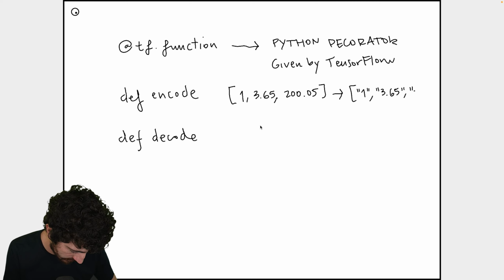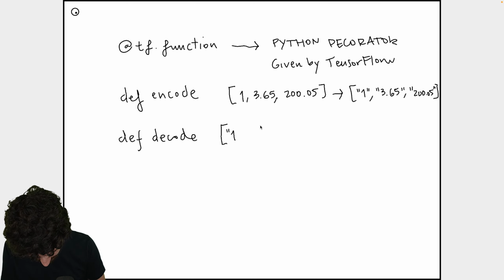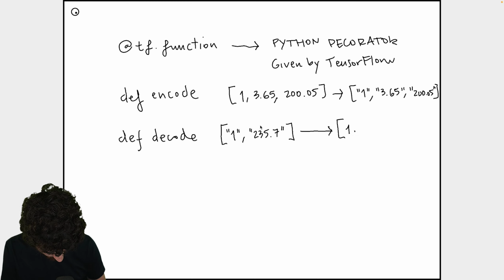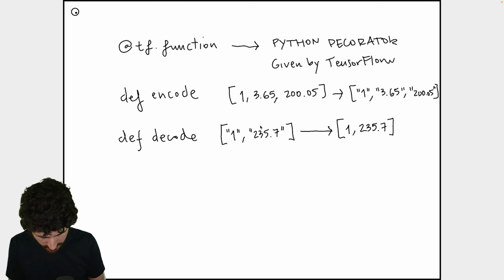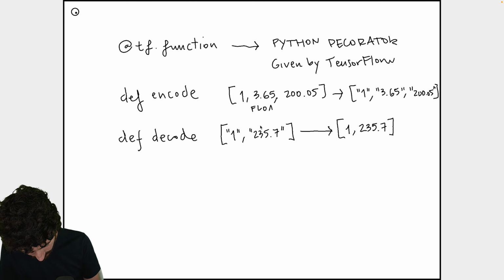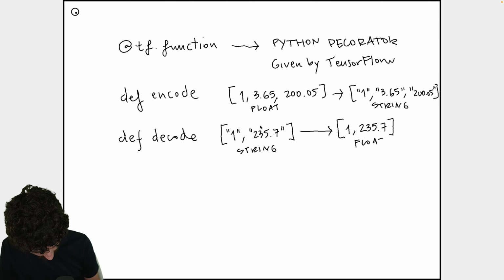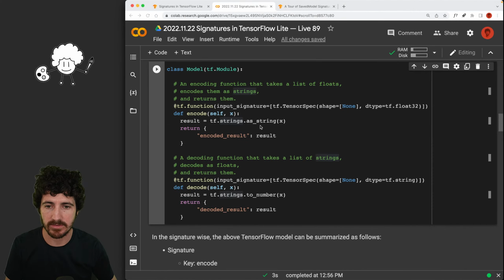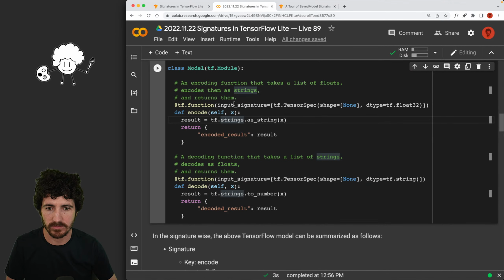They're going to be stringified numbers. And what happens in the decode function is exactly the other way around: we have strings and we go into actual numbers. So this is from float to string, and this is from string to float.